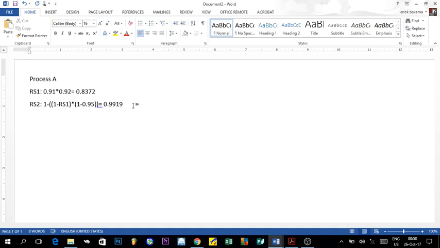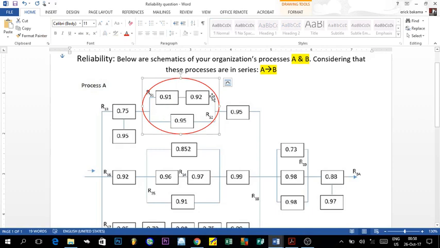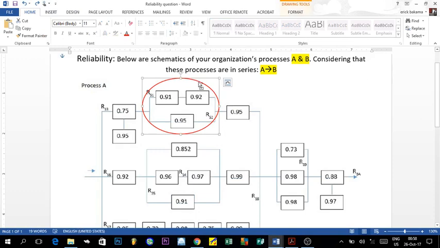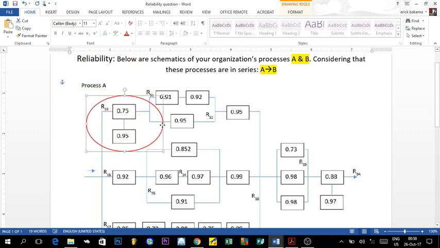Now we just found errors2 here, then we need to look for errors3. Based on the map, error3 is this part here. Error3 is made of the main component, the 0.75, which is on this line here, but it also has a backup.